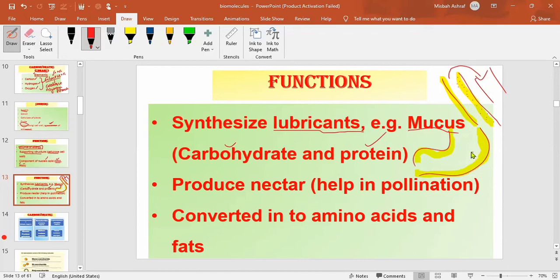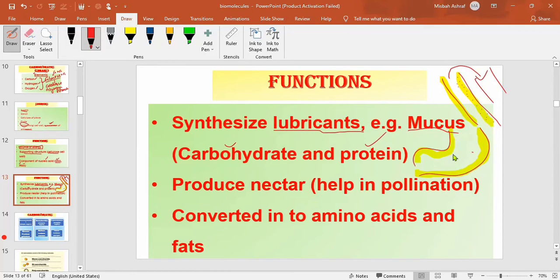Here it is preventing the walls of the stomach from being eaten up by HCl, hydrochloric acid, which is present inside the stomach, and it also prevents the walls from being eaten up by protease, because protease enzyme is present in the stomach, and that protease will digest proteins, and the walls of the stomach are also made up of proteins. So to prevent their walls from being digested by the protease and by hydrochloric acid, another layer of mucus is present.